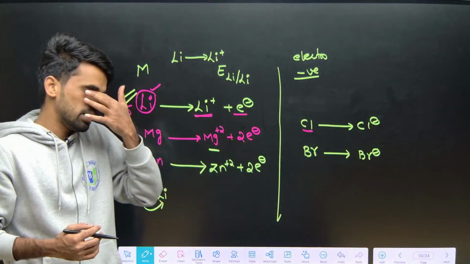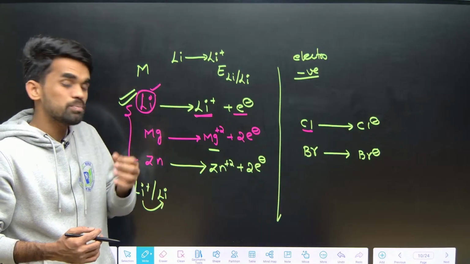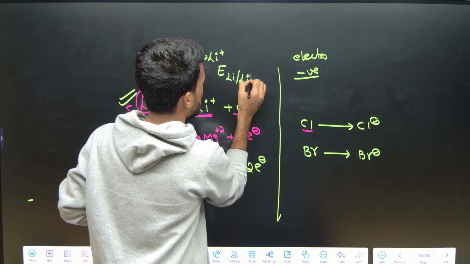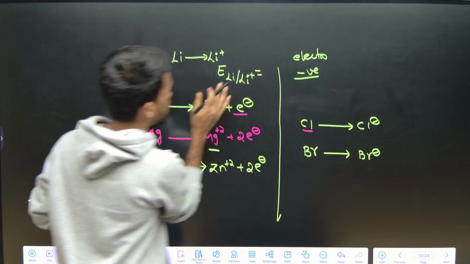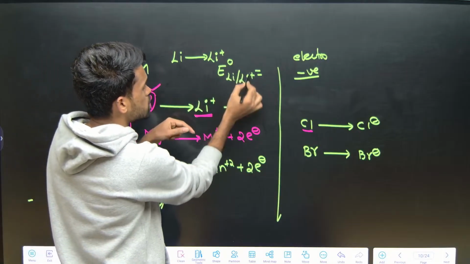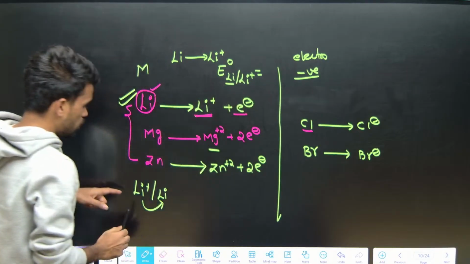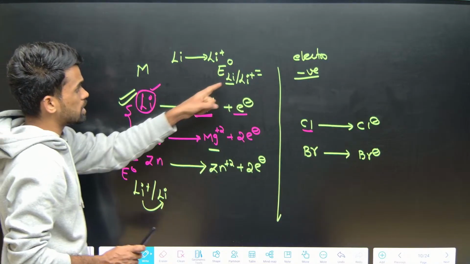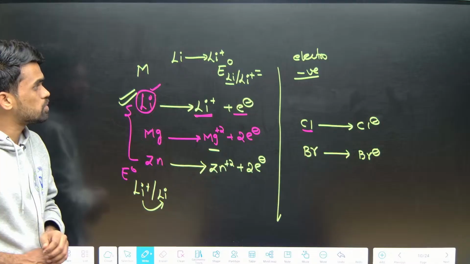During this process, how much is released? Not energy here, but we can say potential. So Li to Li plus is called the standard oxidation potential of lithium. E naught of Li plus to Li is the reduction potential indication, and the other is the oxidation potential indication.